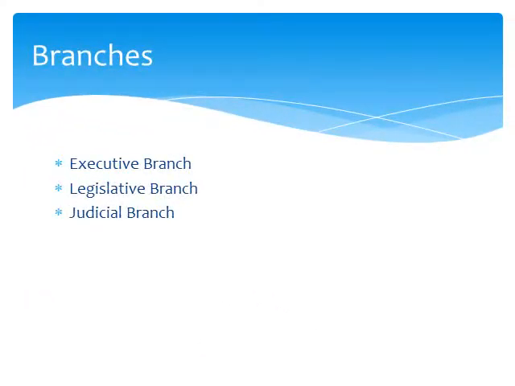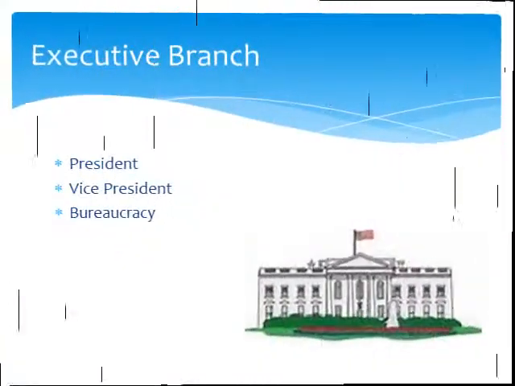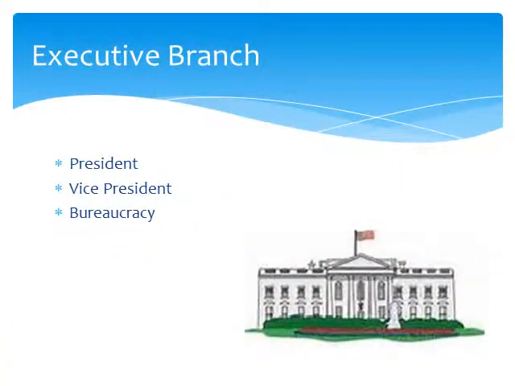There are 3 main branches of the government: the executive branch, the legislative branch, and the judicial branch. Under the executive branch, you would find the president, the vice president, and the bureaucracy. However, most people associate this branch with the president.